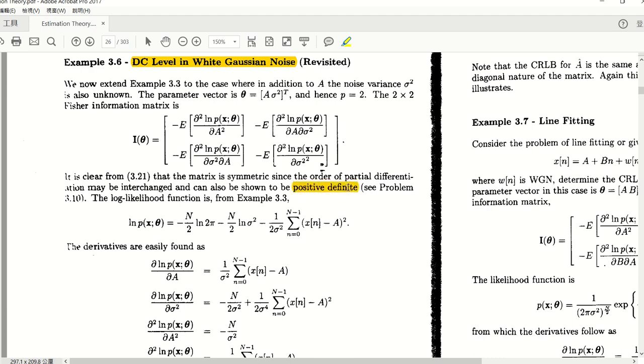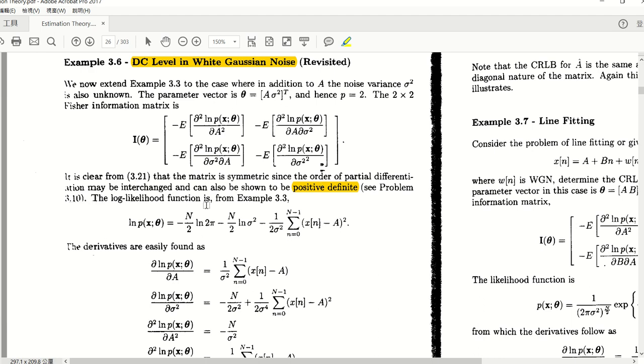Recall linear algebra. Positive definite means that all its eigenvalues are positive. If positive semi-definite, then it's positive or 0. But here we have positive definite.